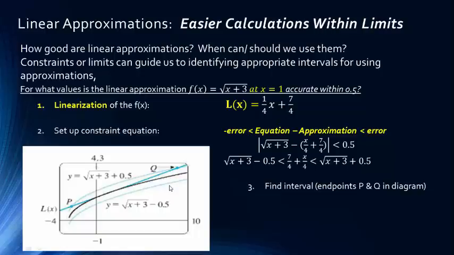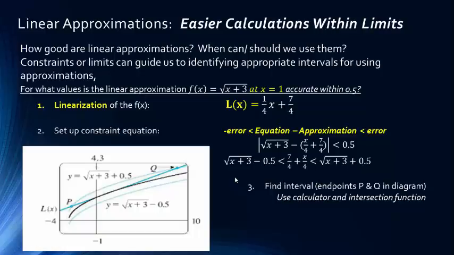We've just subtracted 0.5 from everything, so the whole graph is just shifted down 0.5. And we can also see here that we want the constraint above it to be the same, so this width here is 0.5. And we can see from our tangent line intersection that we don't even need to consider the square root of x plus 3 minus 0.5 because our tangent line is above. So we only need to consider this right side of that inequality.